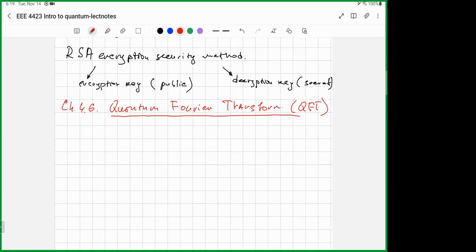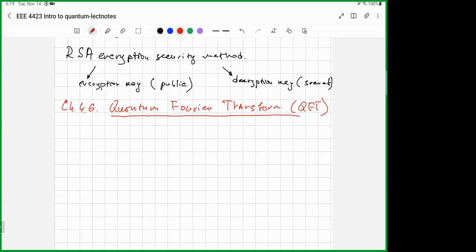Okay, and essentially the quantum Fourier transform is just the change of basis from the computational basis to the Fourier basis. In some sense, the classical or conventional Fourier transform is also a change of basis.